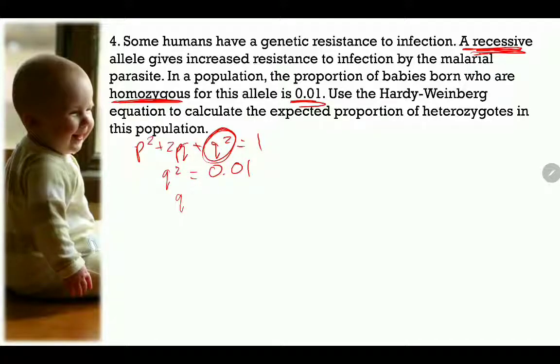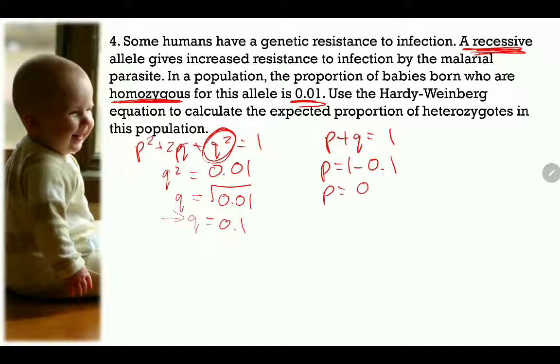Then that must mean that our q is equal to the square root of 0.01, so q is equal to 0.1. We now have our q. We now need to think about p. So again, we go to our allele frequency: p plus q equals 1. We have q, so p is equal to 1 minus 0.1. So p is equal to 0.9.